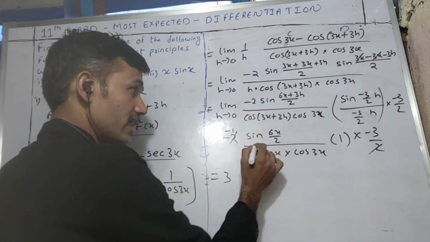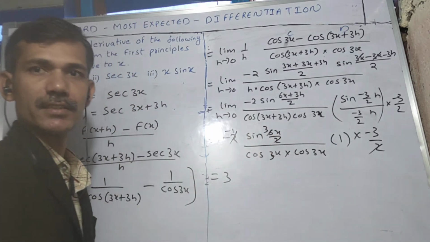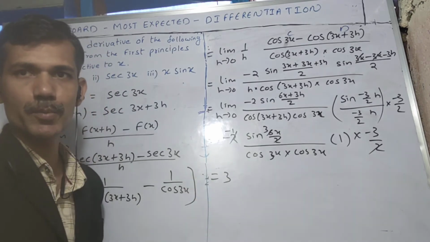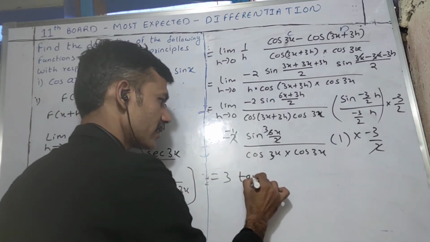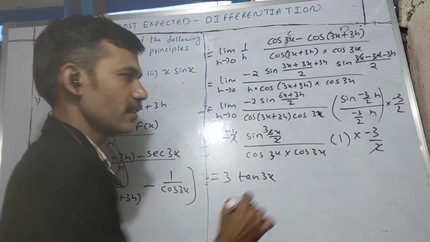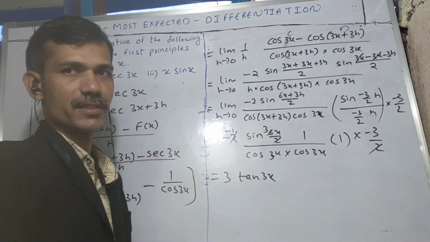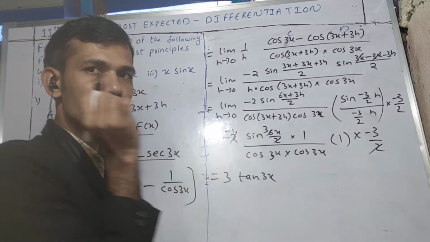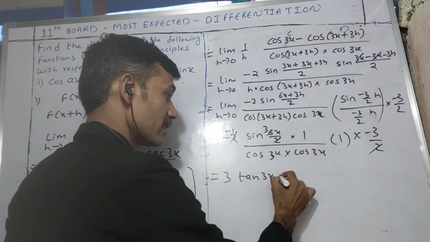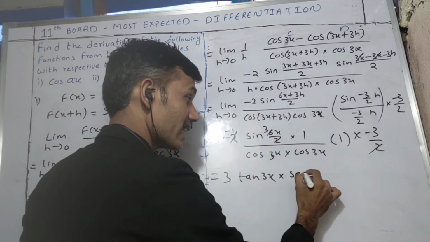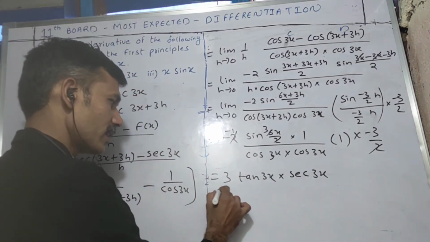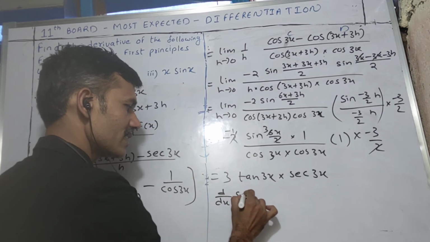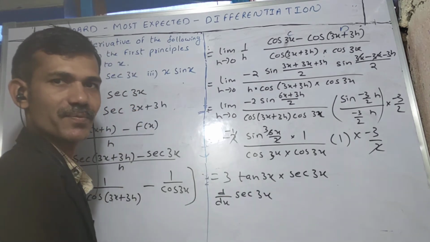Now here sin 3x, see. Sin 3x by cos 3x, sin by cos means we can write tan 3x. Here 1 by cos 3x means you can write secant 3x, because sin and secant are reciprocals, no? So what is the derivative of secant 3x?